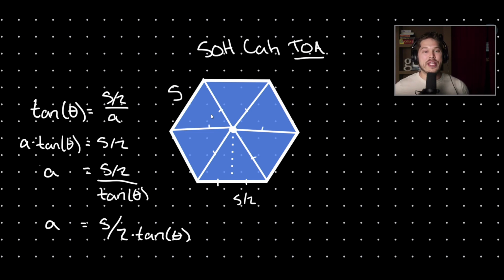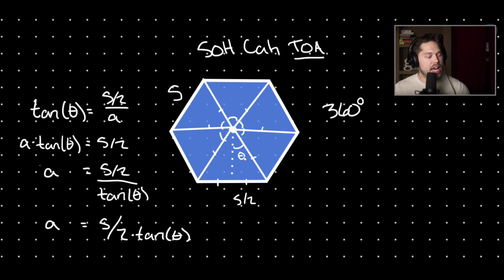And with that, we can use CPCTC, or congruent parts of congruent triangles are congruent, to tell us that all of these angles here must be equal to one another. Okay? And all of these angles combined add up to what? Well, it's going to add up to 360 degrees, of course. It's a full circle. But we're not interested in our full circle. We're just interested in theta. And theta is what?